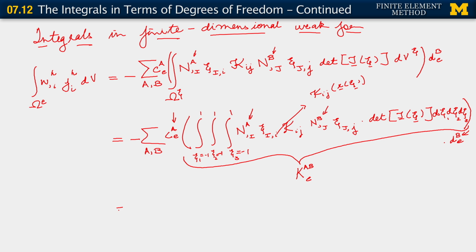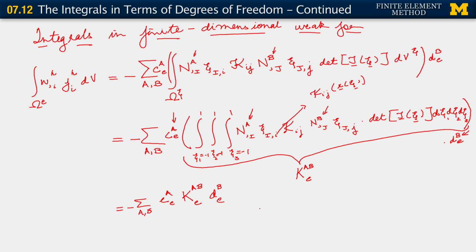Our integral on the left is now just minus sum over A comma B C A E K A B for element E D B E. All right.